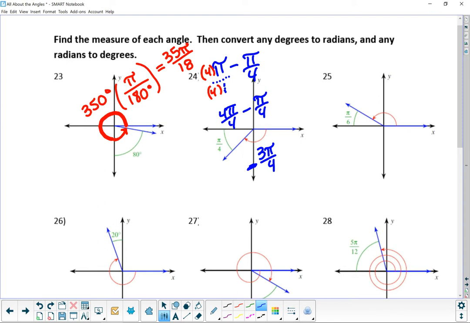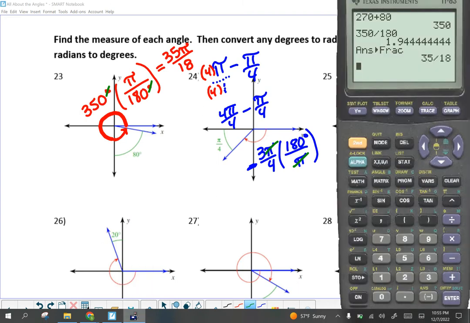Okay. And if I need to convert that to degrees, I'm going to multiply this by 180 degrees over pi. The reason why is because I want the pi's to cancel out, diagonal from each other, just like how with numbers, I want the degrees to cancel out like that. So I have negative 3 times 180 divided by 4.